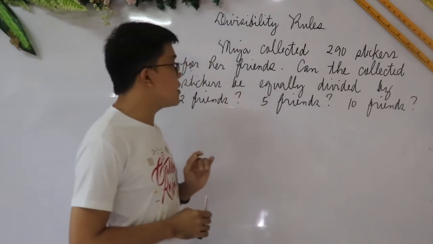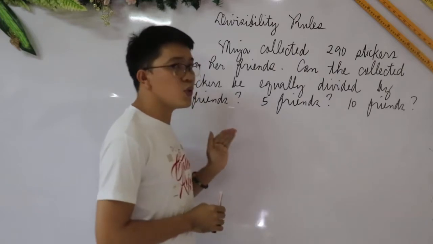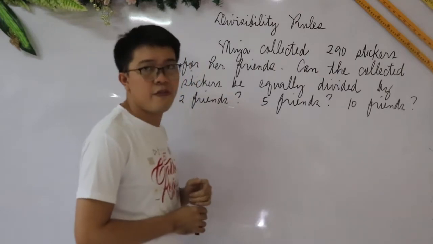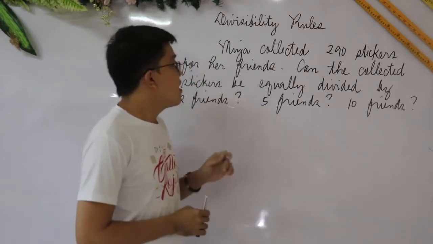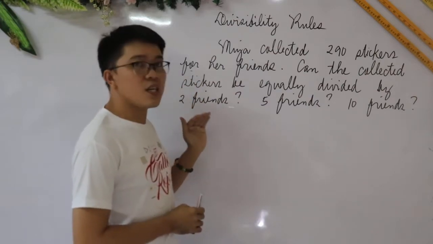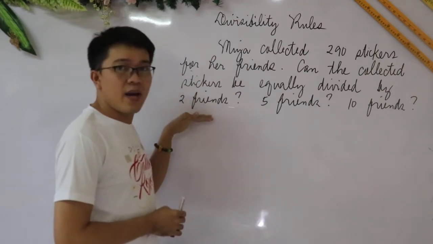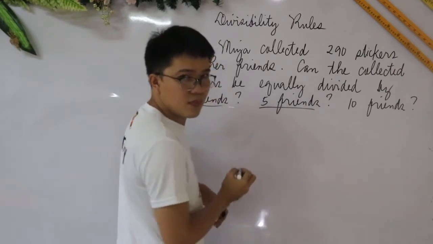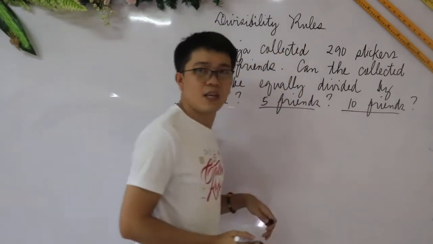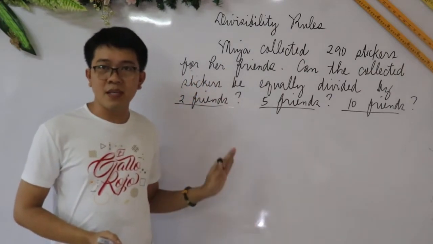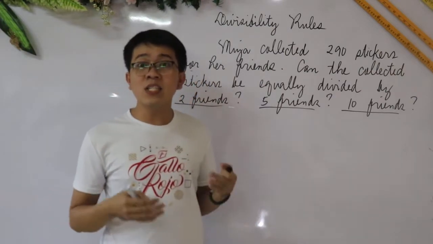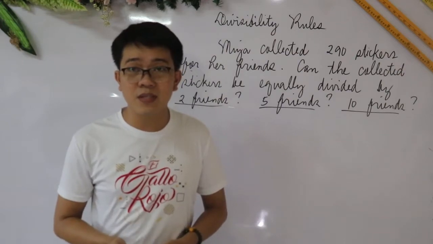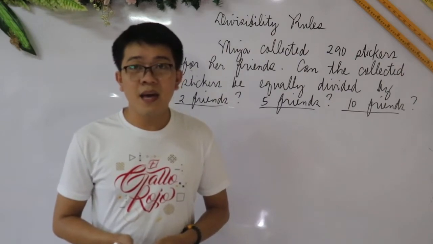Mia collected 200 stickers for her friends. Can the collected stickers be equally divided by 2 friends, 5 friends, or 10 friends? To answer this problem, we need to learn first the divisibility rules 2, 5, and 10.